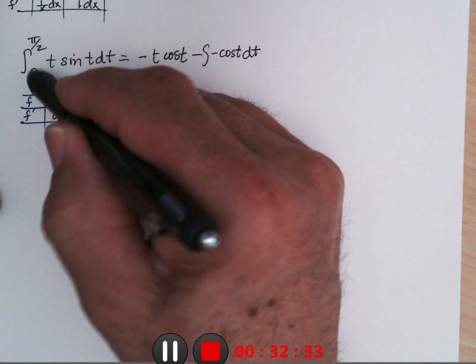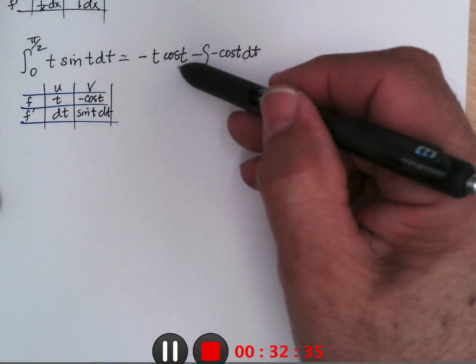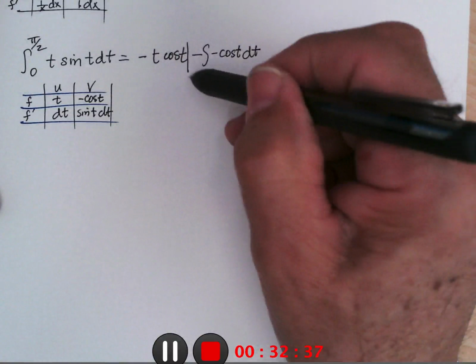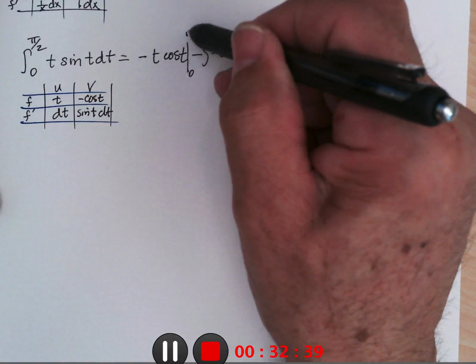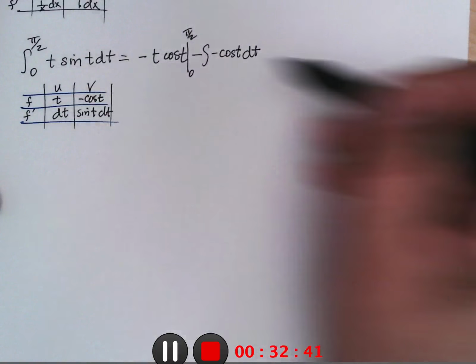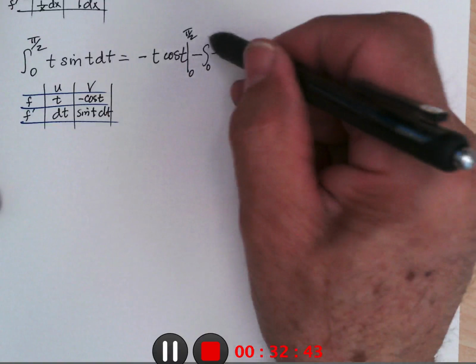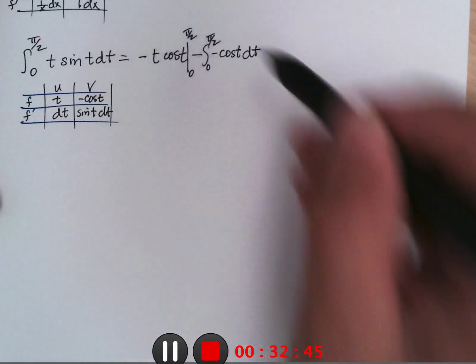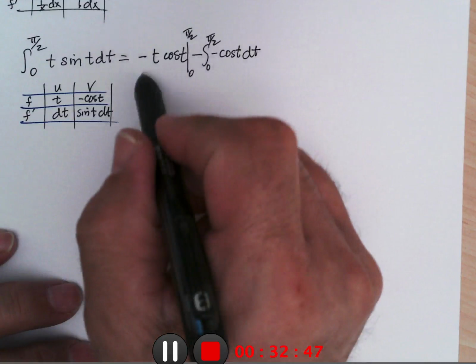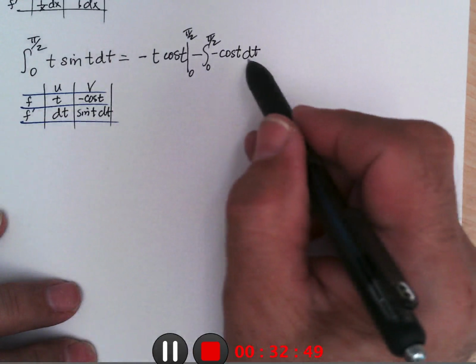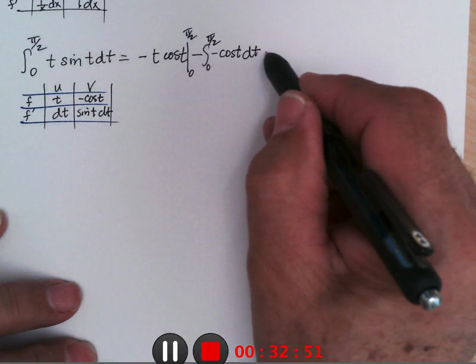Well, this has no integral on it, so I could say evaluate that from 0 to pi over 2, and evaluate this from 0 to pi over 2. So, before I do the evaluations, let's get this antiderivative taken care of.